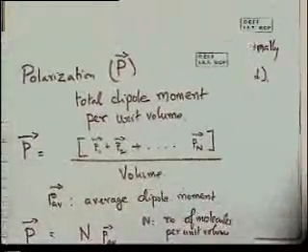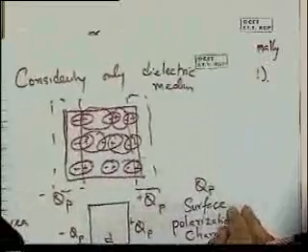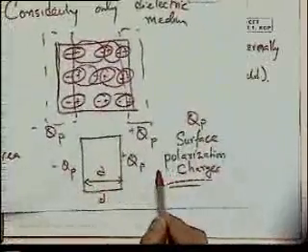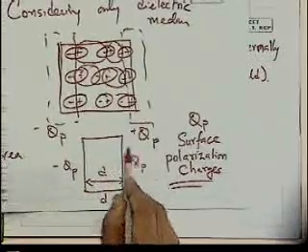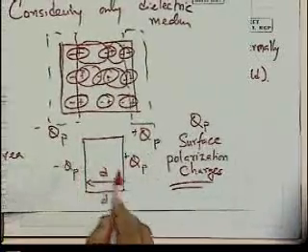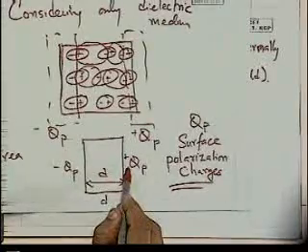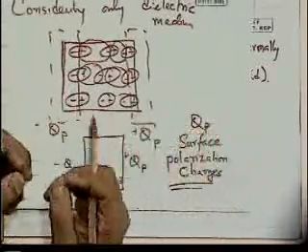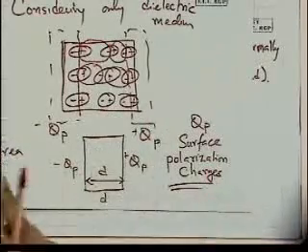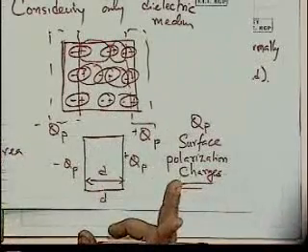One way of simplifying this is to think of it, instead of individual dipoles, as one big dipole: two sets of charges, plus Q_P and minus Q_P, separated by a distance d. That's the one big dipole, which consists of all these little dipoles, all pointing in the same direction as I pointed out.